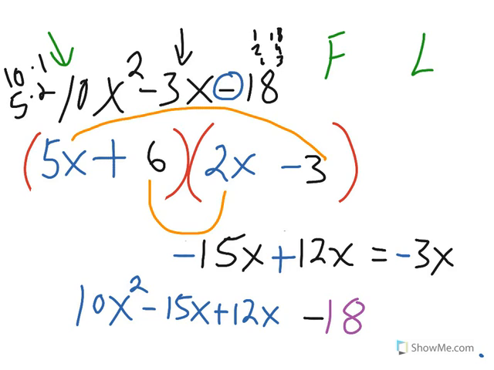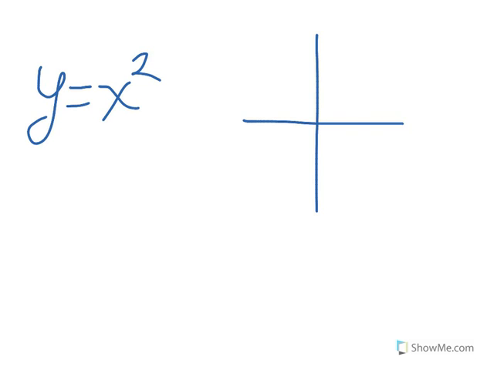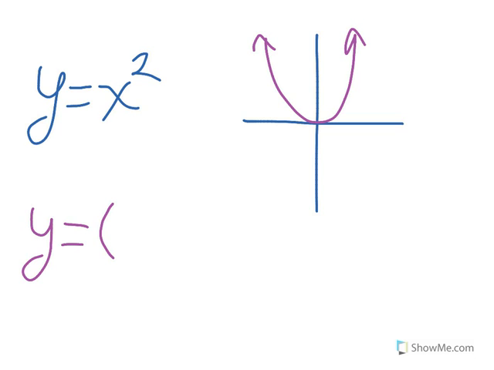The other part of why we've been factoring is to find our x-intercepts. So to go to the next step from factoring, I'm going to start off easy with x squared plus 5x plus 6.